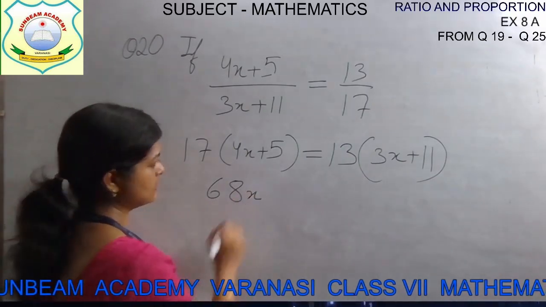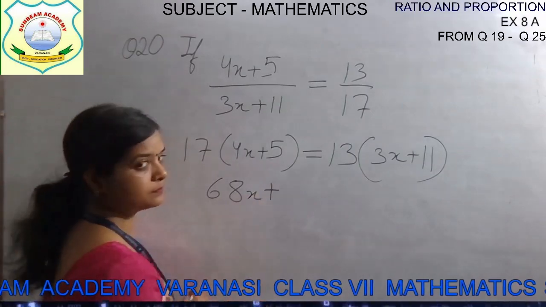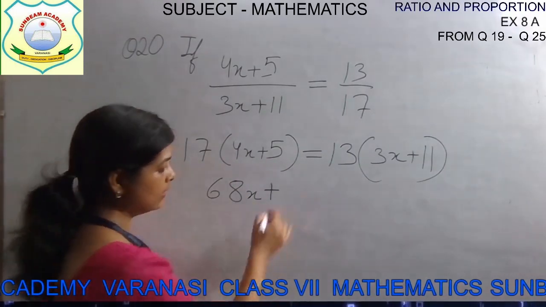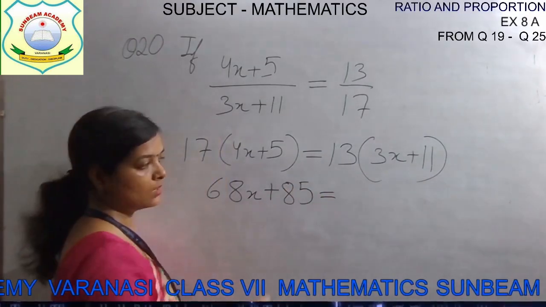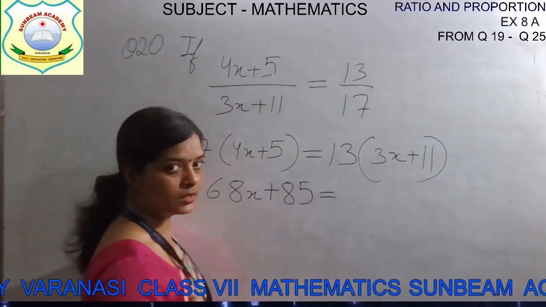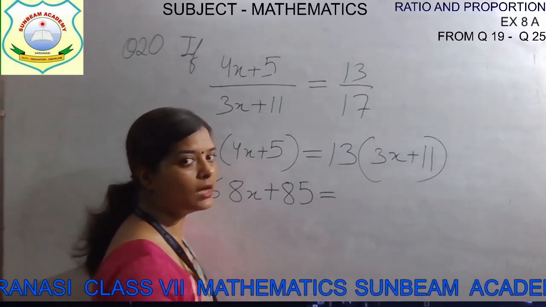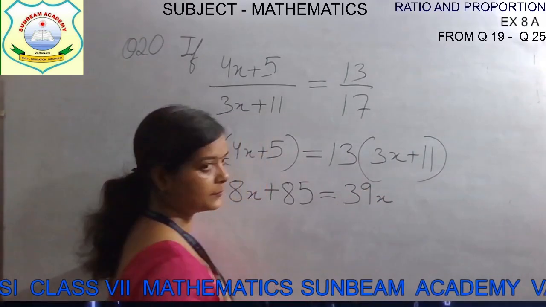So place x. Then plus 17 fives are 85. That is equal to 13 into 3. 13 threes are 39, and x will be there.